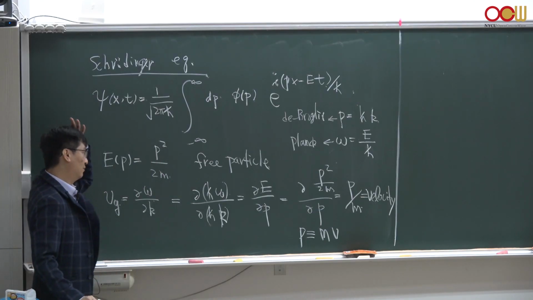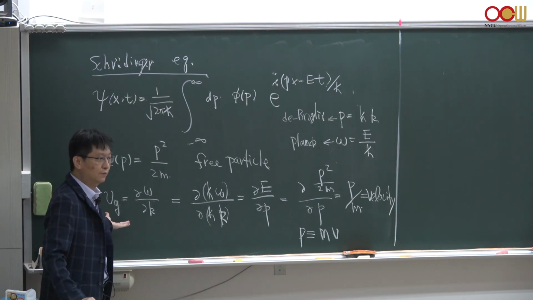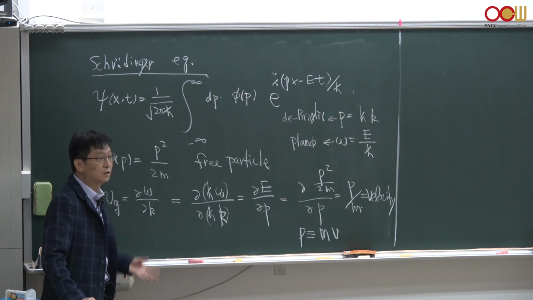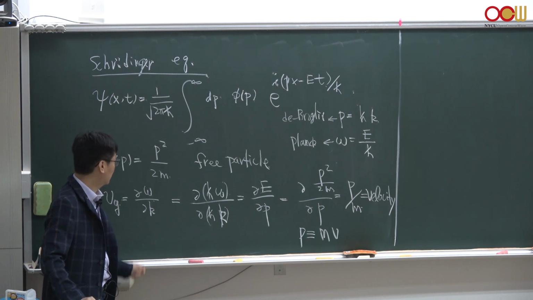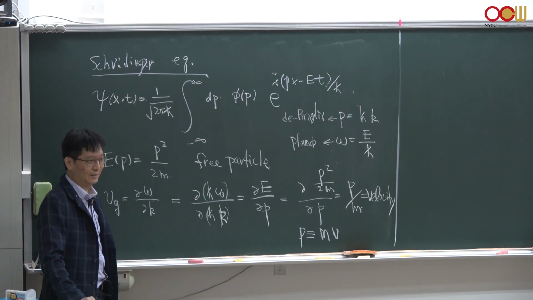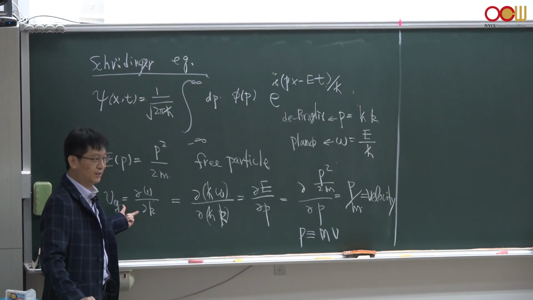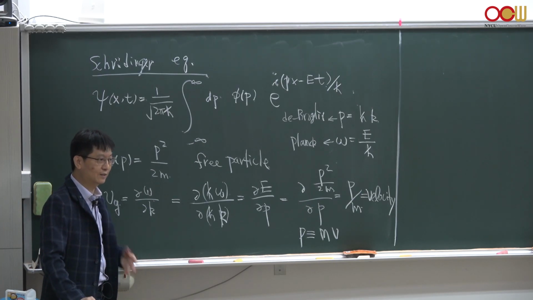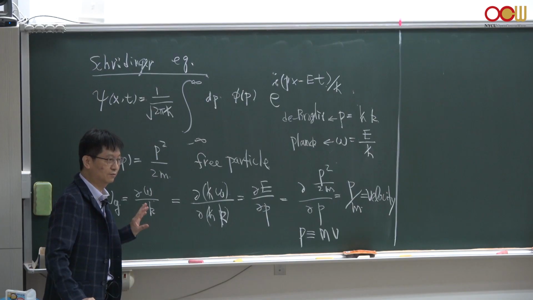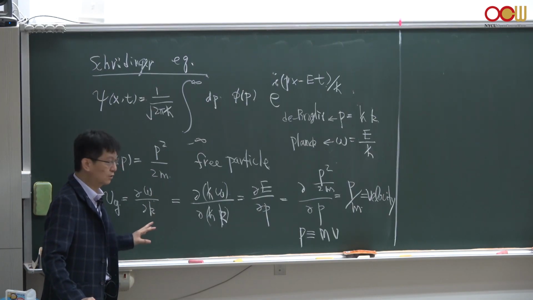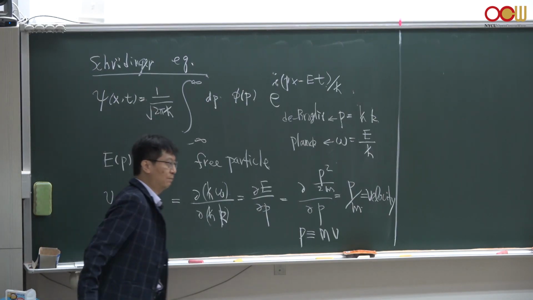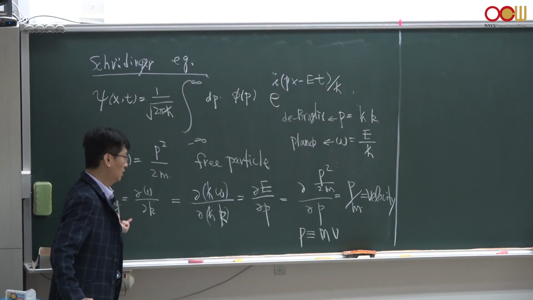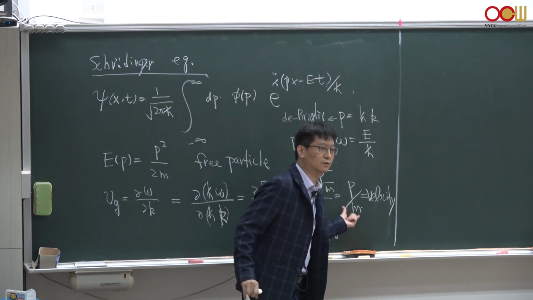Okay, so therefore we prove that this group velocity of a wave packet is precisely the velocity of your quantum particle, because it's given by p over m. However, this group velocity is calculated within the wave packet formulation. In the wave packet formulation, we don't know about the particle velocity and so on, but we use how this wave packet travels in time with the speed Vg, and this Vg is precisely the velocity of the quantum particle.